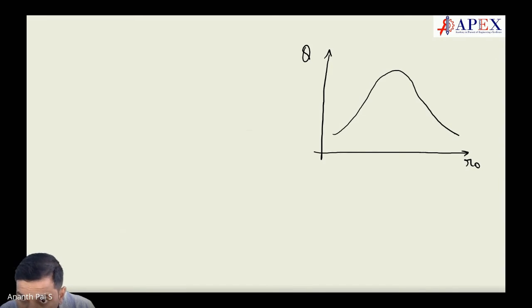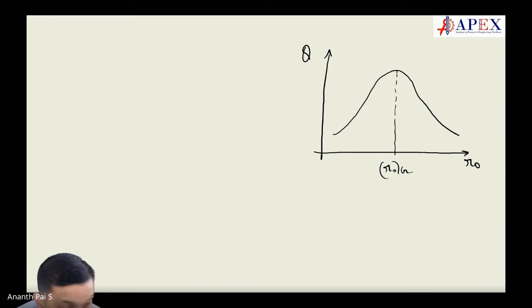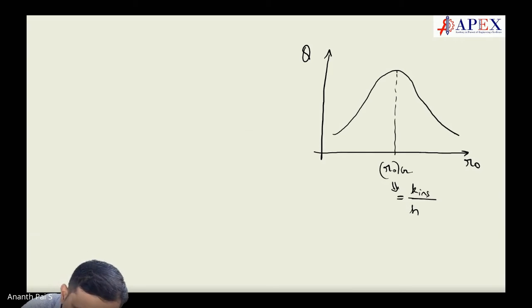And this maximum corresponds to R naught critical, which is equal to Ki by Hc, or K insulation divided by h.